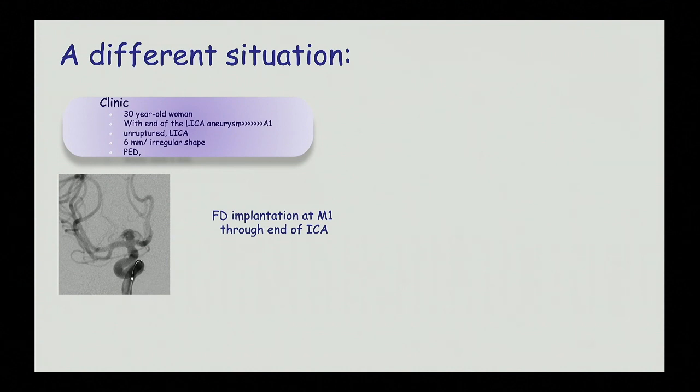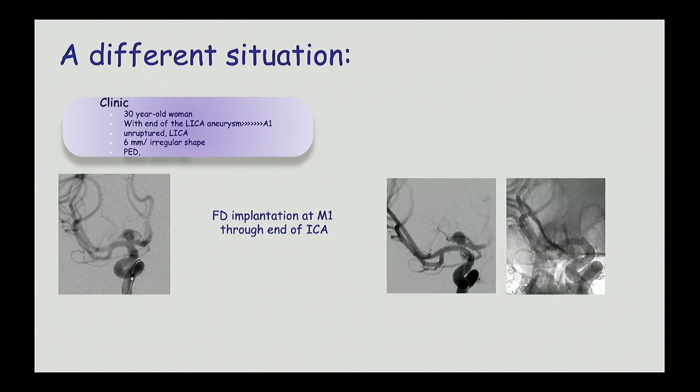So we checked before that there was a cross flow between the left and the right. So the anterior cerebral artery will be taken in account by the left. And so we performed the procedure, which was easier to do than to place some coils inside.